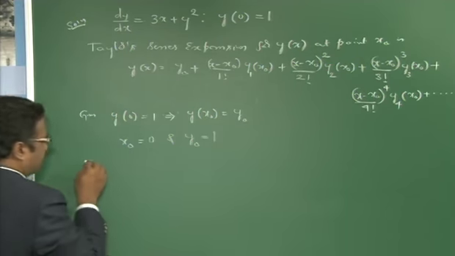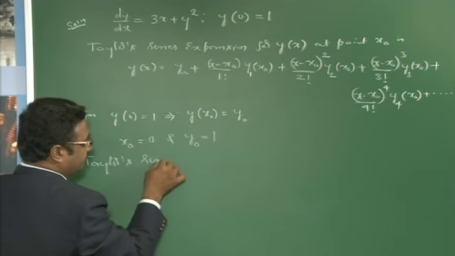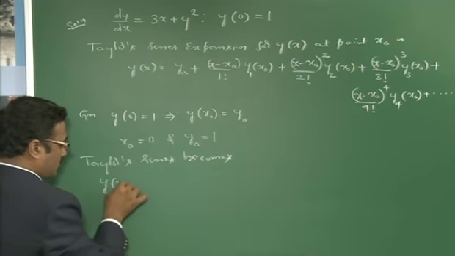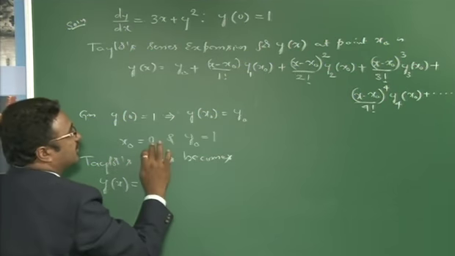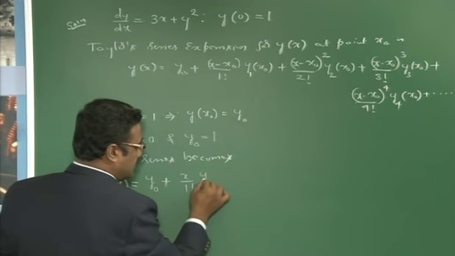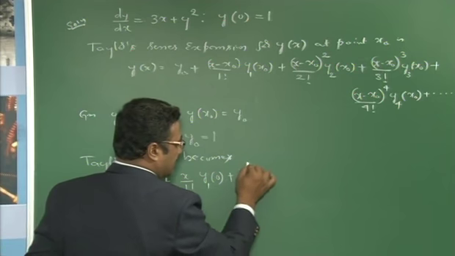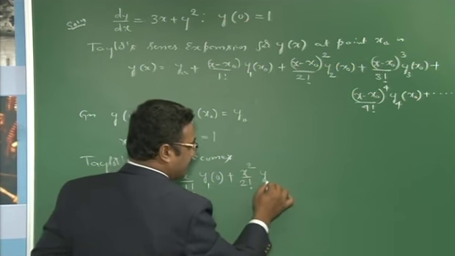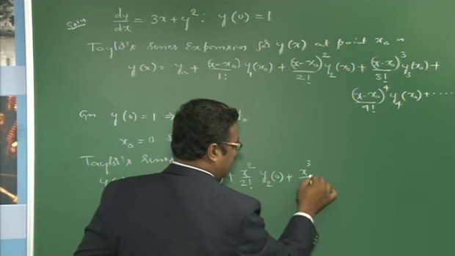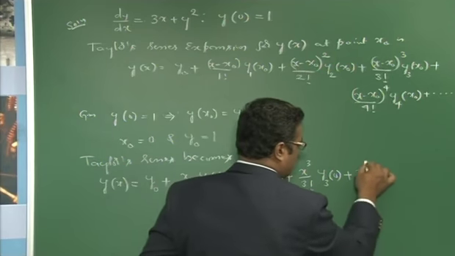Then your Taylor series becomes y of x equal to, in place of x naught taking 0, y naught plus x by 1 factorial y1 at the point 0 plus x square by 2 factorial y2, the second order derivative at the point 0, plus x power 3 by 3 factorial y3 of 0 plus x power 4 by 4 factorial y4 of 0.